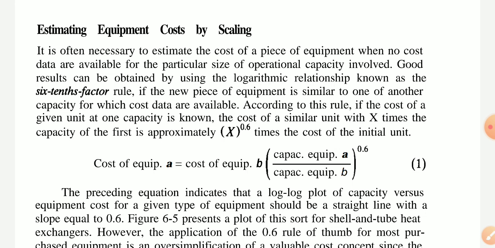If the new piece of equipment is similar to one of another capacity for which cost data are available, according to this rule, if the cost of a given unit at one capacity is known, the cost of a similar unit with x times the capacity of the first is approximately x raised to 0.6 times the cost of the initial unit. The last equation is: cost of equipment A is equal to cost of equipment B multiplied by the capacity of equipment A by B in brackets, raised to 0.6. This is the most important equation.